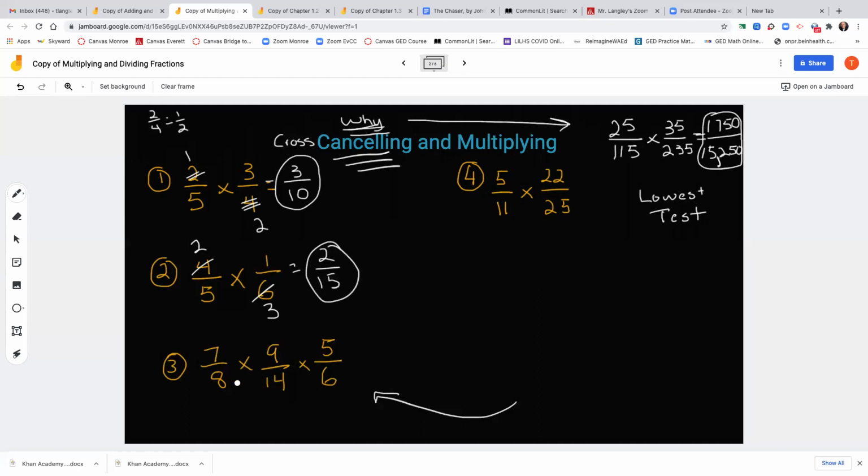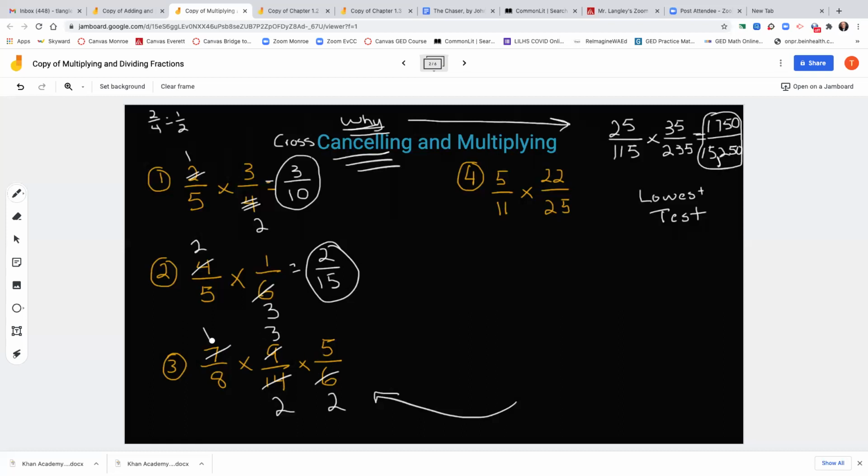All right, here's the way I would do the bottom one here. First thing that jumps out in my brain is I know that 7 goes into itself once, and it goes into 14 twice. Next thing that jumps out is I see 9 and 6 here, and I know that 3 goes into 9 3 times. 3 goes into 6 twice. Next I ask myself, can I do anything with the 8 and anything on the top?